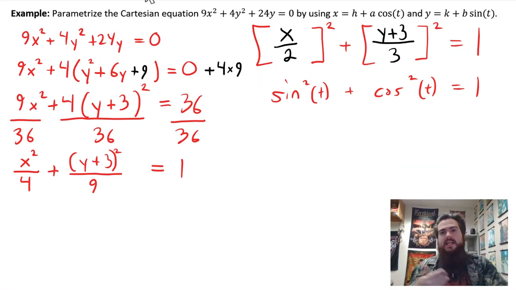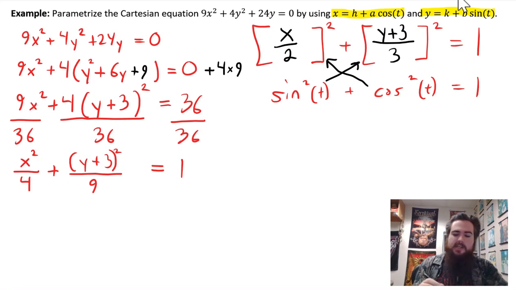With those in place, I can now relate them to sine squared and cosine squared. And I really could relate either one to cosine or sine, but based on the question that asks us to relate x with cosine and y with sine, I will connect these expressions together and I'll connect these expressions together.